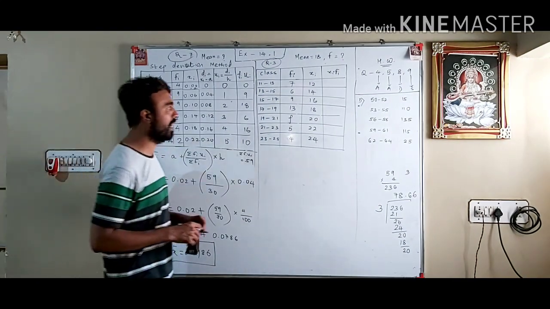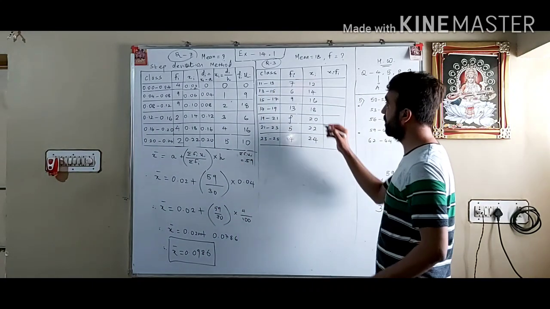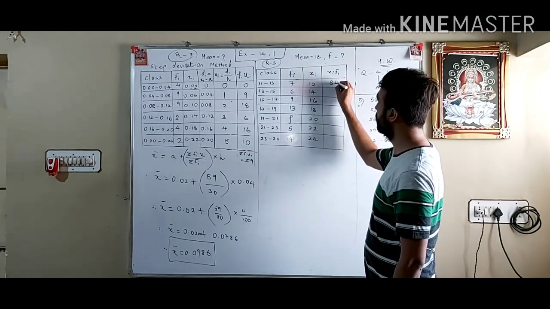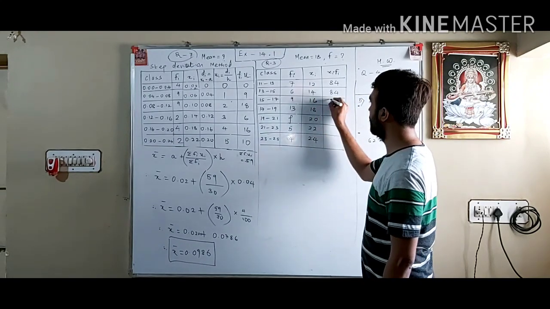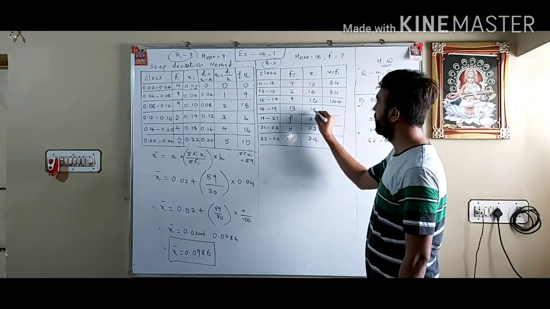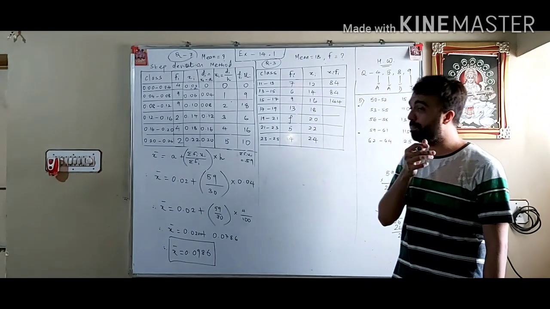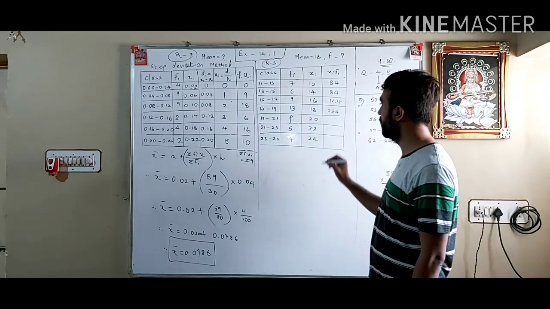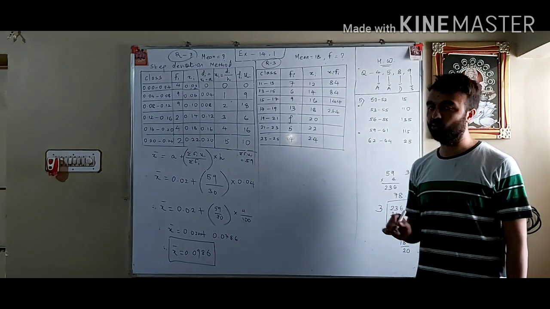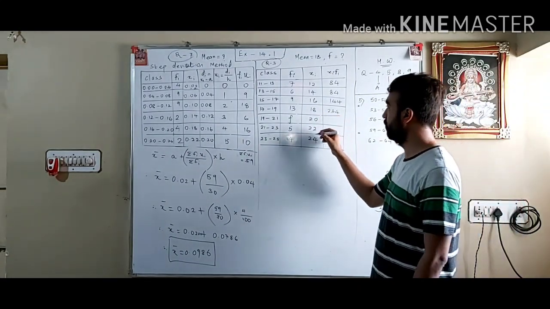Next column, fi xi, the last column. इन दोनों को मल्टीप्लाई करना है. Let's start the multiplication. 12 sevens are 84, 14 sixes are again 84, then 16 nines are 144, 18 thirteens are 180 plus 54, that is 234.